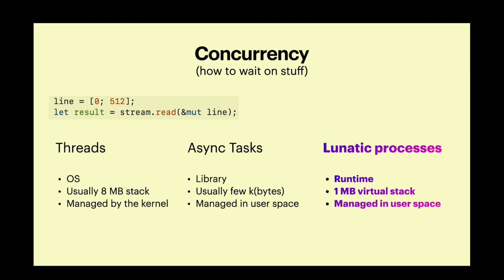They're also managed in user space. In the VM, we use Tokio for scheduling them. So you get the benefits of async tasks in some way, of user space scheduling, and they're a bit more lightweight than threads. And you get less of the annoying parts of async tasks.